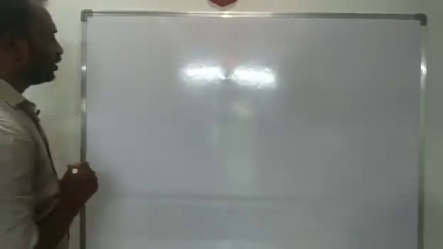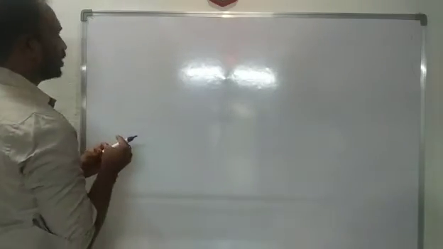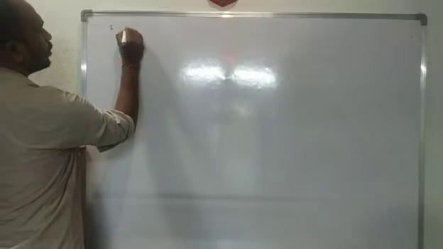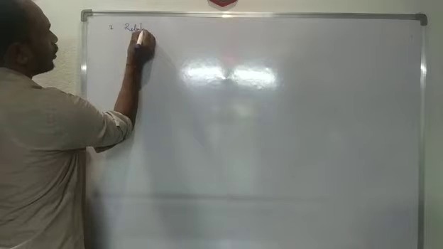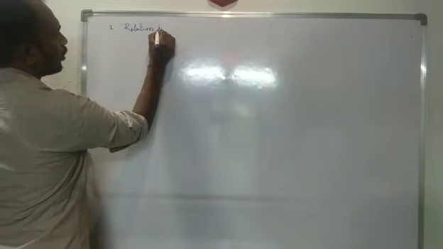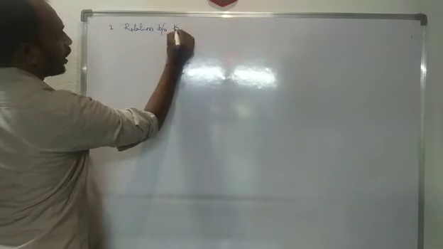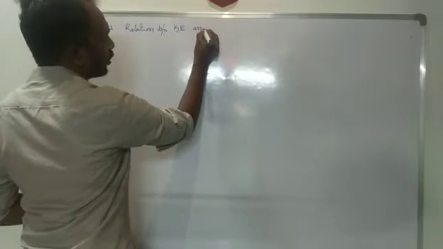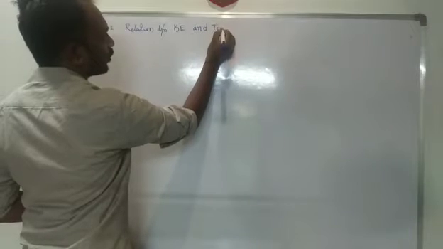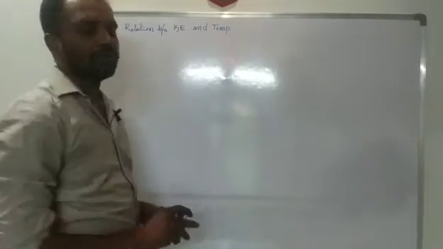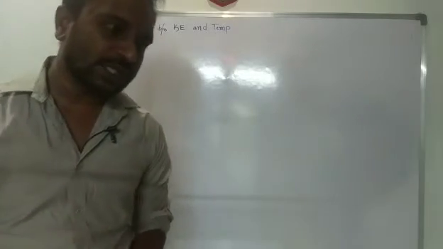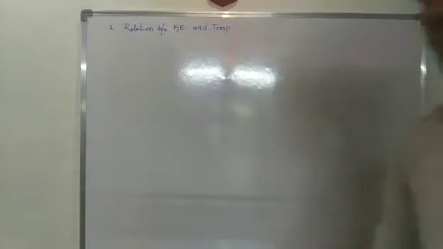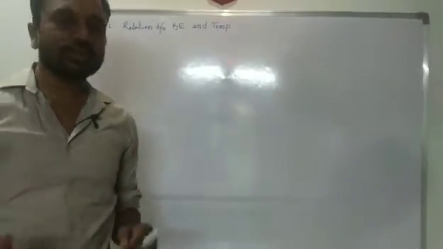So the first point is kinetic energy, the relation between kinetic energy of a gas molecule and temperature. Today we concentrate on the kinetic energy of a gas molecule and temperature. Temperature is nothing but absolute temperature.